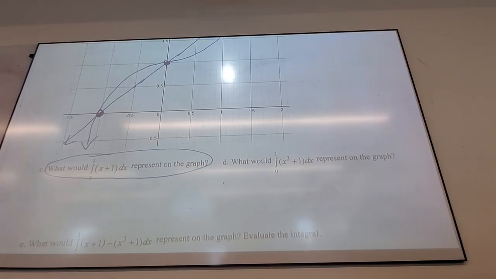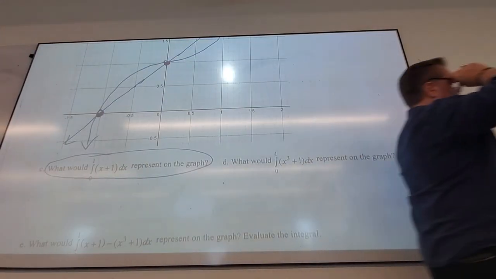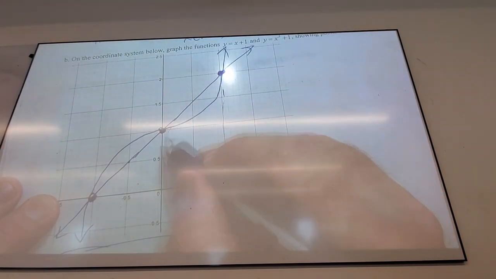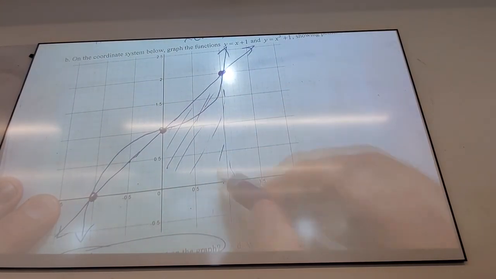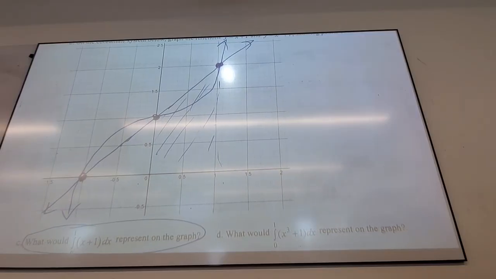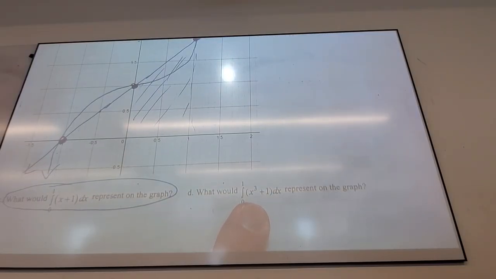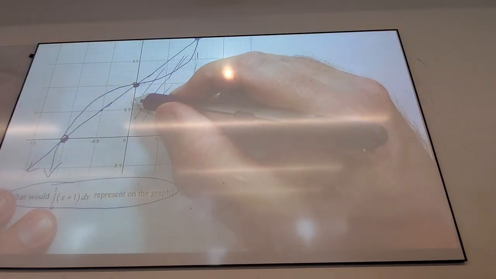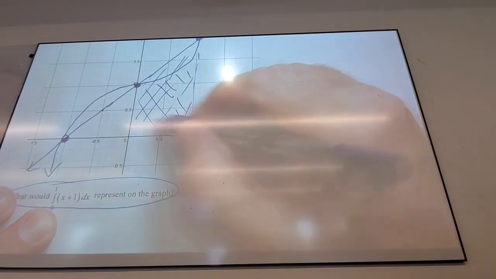So that would basically be this area here, yes? All of this. What would this be? You're not going to believe this, but same thing, just under the cubic, yes? So that would be this area here.